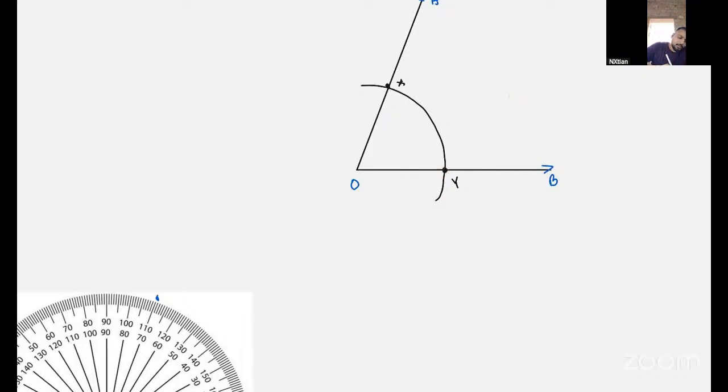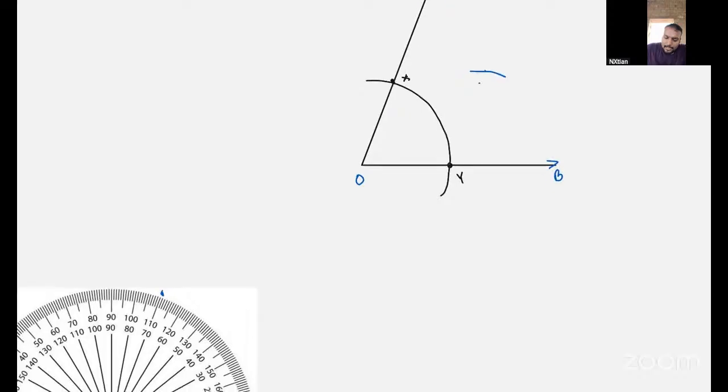So it's going to look like this. Then, without disturbing the compass, put it on X and then draw it like this. Without disturbing the compass, put your compass on X and then draw the line.